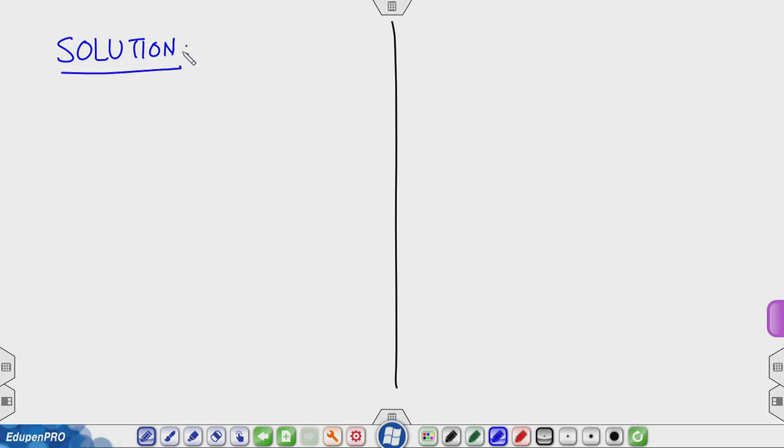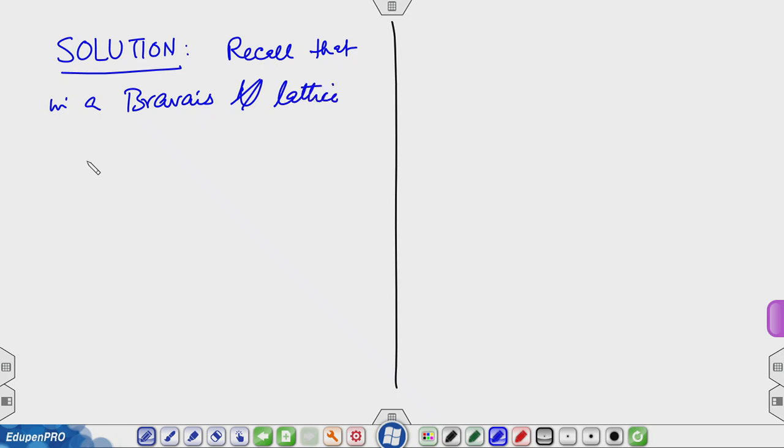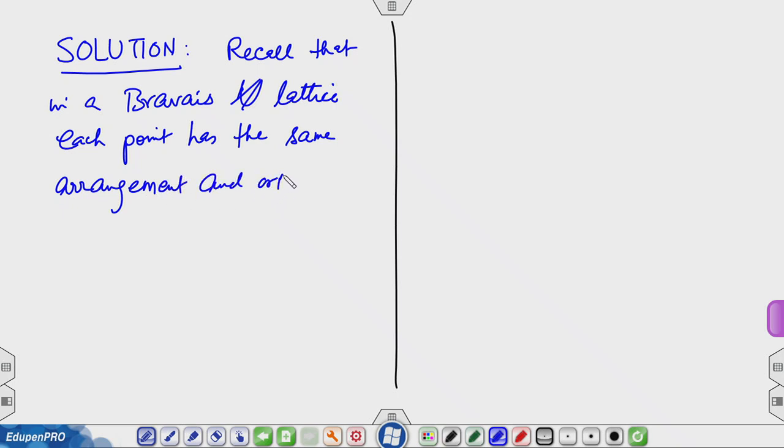So, recall what a Bravais lattice is. In a Bravais lattice, each point has the same arrangement and orientation around itself.